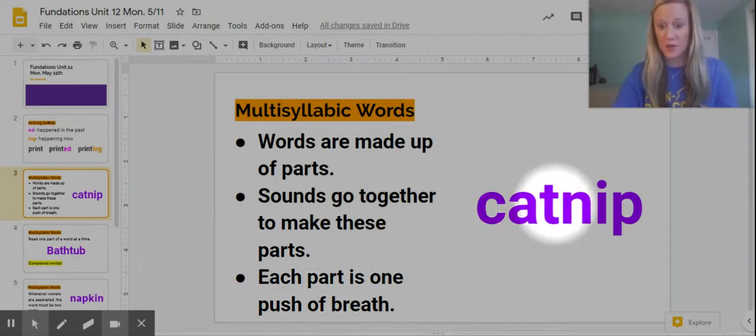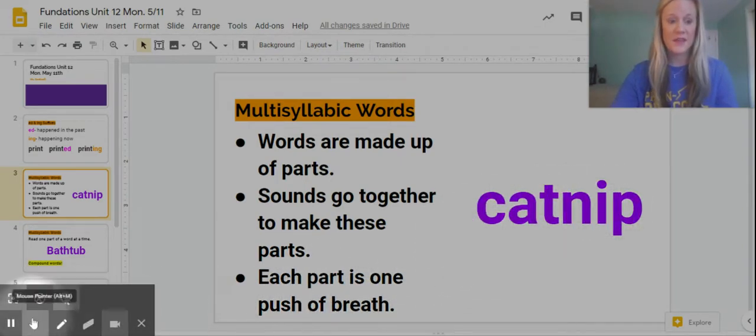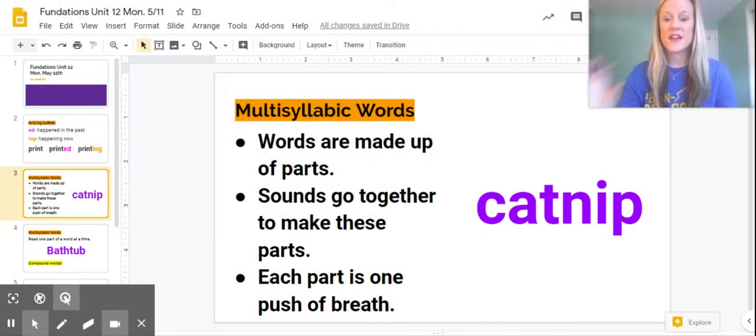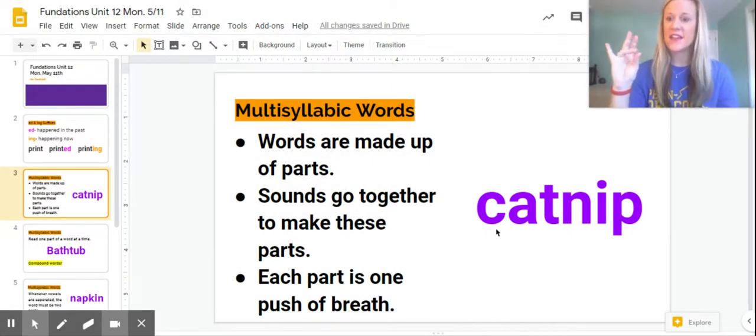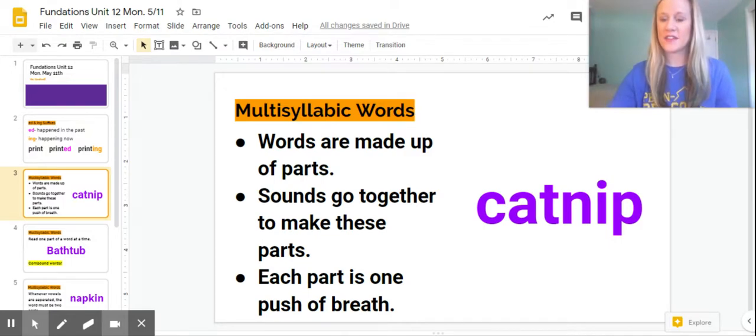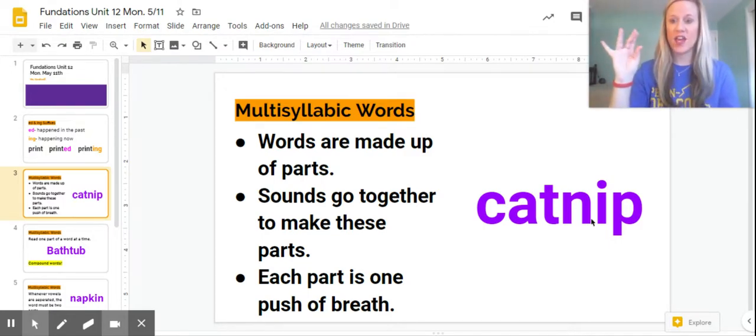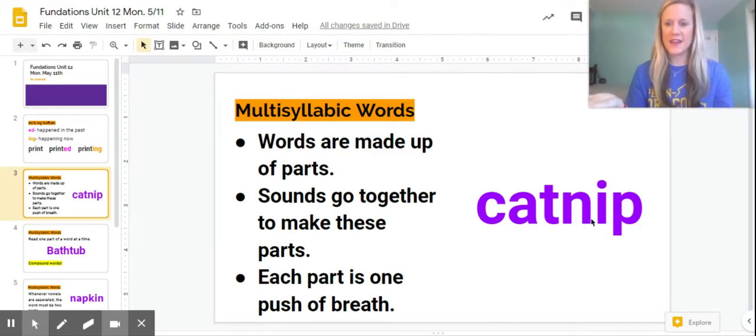Let's take a look at our word right here. What could that word be? At. I have cat, and then if I look at the second part, nip. So if I have cat and nip, catnip, which is a type of treat that cats like to eat.